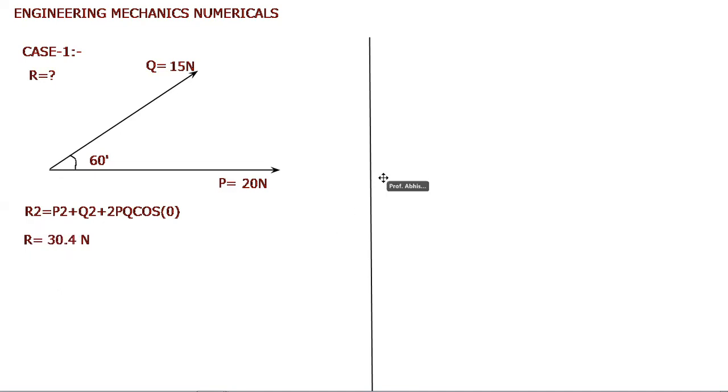Okay. Now in case 2, what is going to happen is that your 15 Newton force is a push force and the 20 Newton force is a pull force. So therefore, we'll also try to draw that diagram.